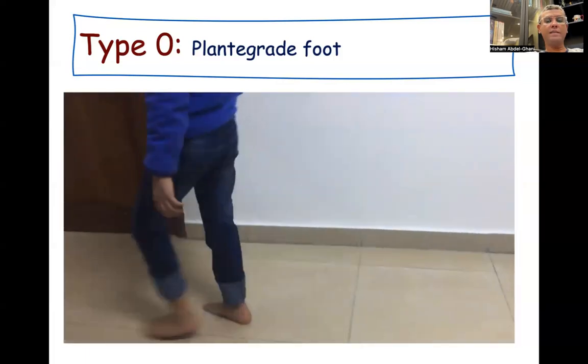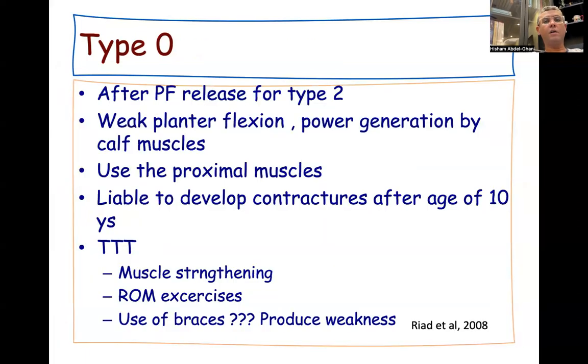And this weakness will decrease power generation of the foot, and the patient depends upon the proximal muscles of the hip and knee for propulsion and for swinging of the foot and progression of the gait cycle. And if this patient has been operated upon early, they are liable to recurrence of the shortening of the plantar flexor, and usually will need revision lengthening or another stage of lengthening of the plantar flexor after the age of 10 years.